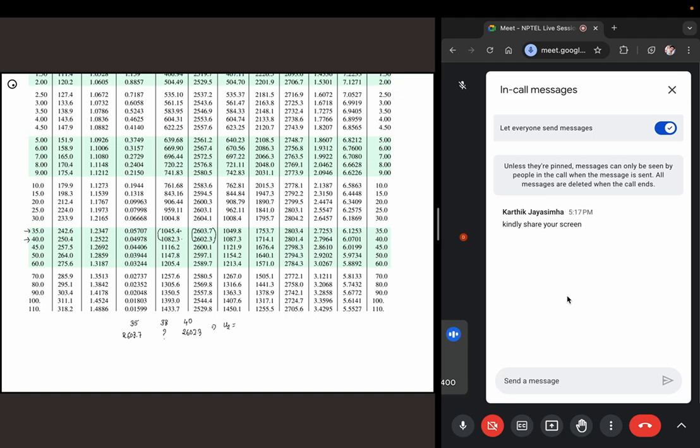Since the values are close enough, you can directly take the close one.